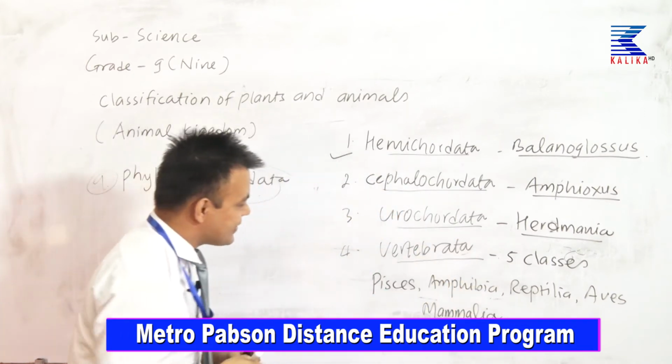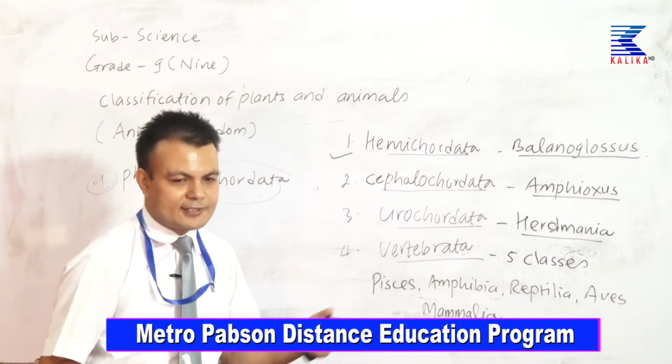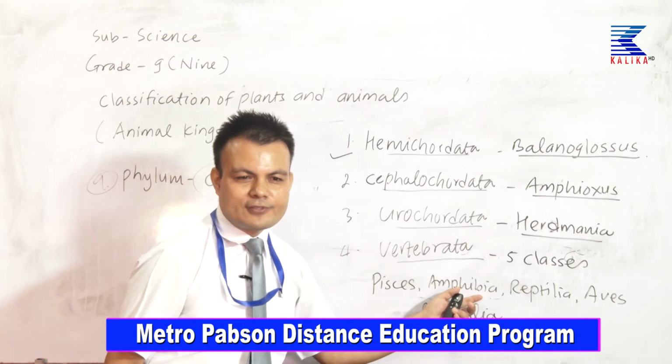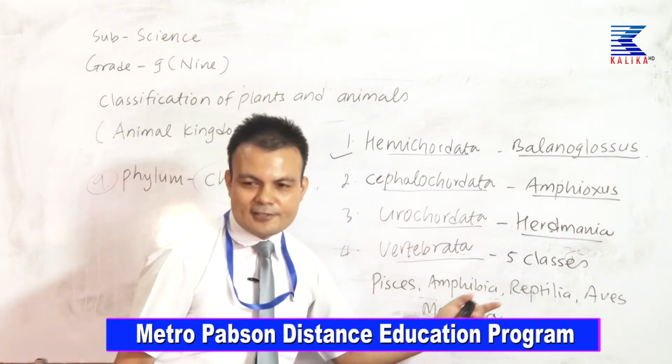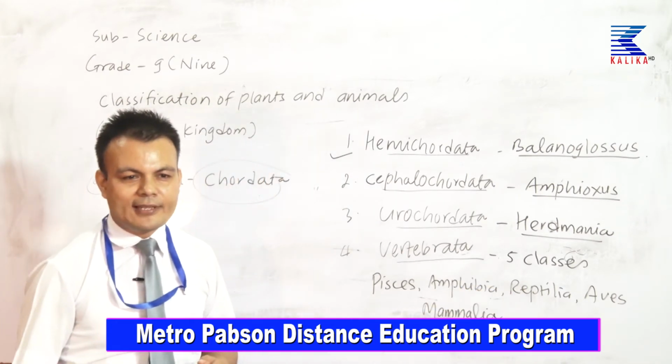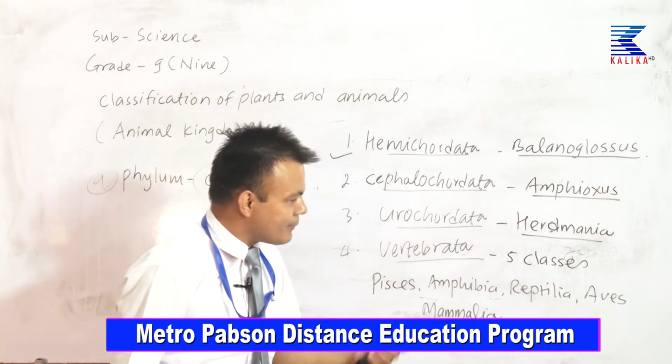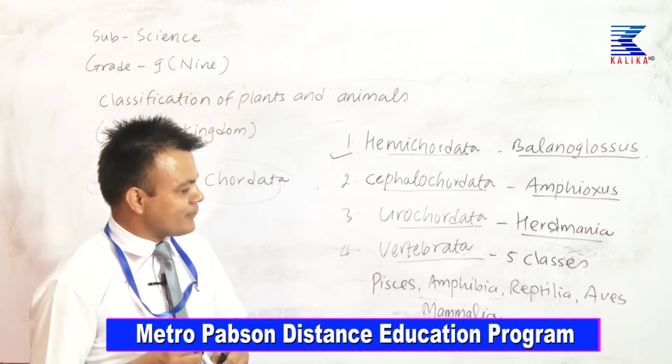Examples: Pisces, the fishes including shark; Amphibia, frogs, toads, salamanders; Reptilia, snakes, turtles, tortoises, lizards; Aves, all the birds; Mammalia, the mammals, including human beings.